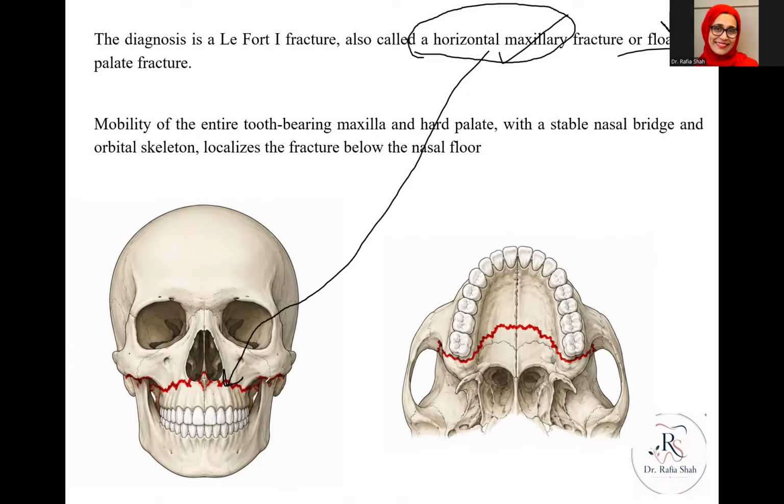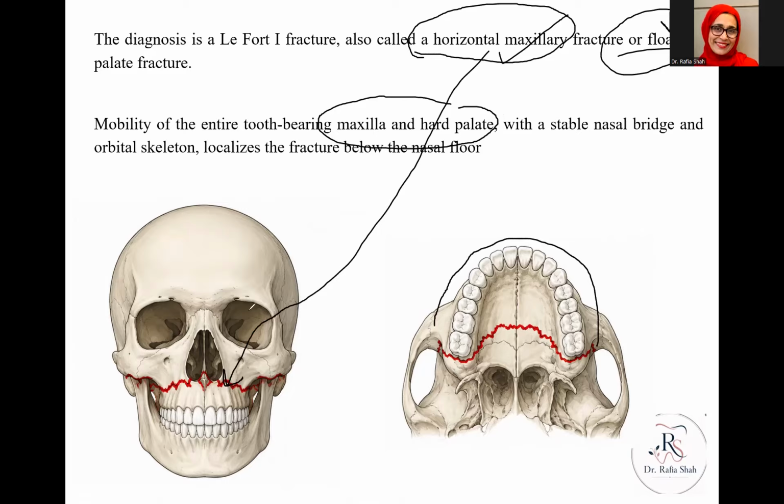The fracture appears in a way that it separates the maxilla, or the upper arch, from the rest of the face. That's why we call it a floating fracture, and this causes mobility of the entire palate or entire maxilla.